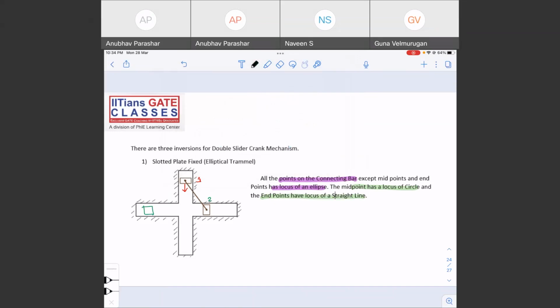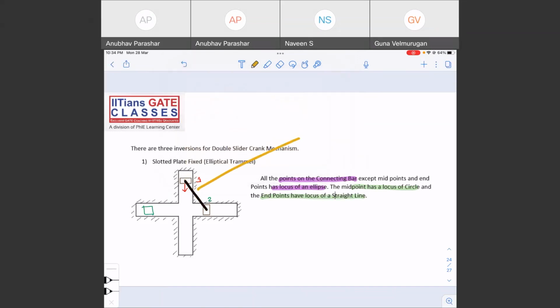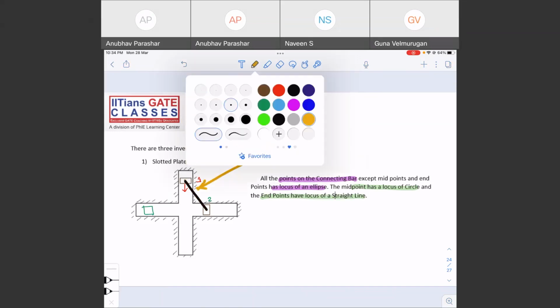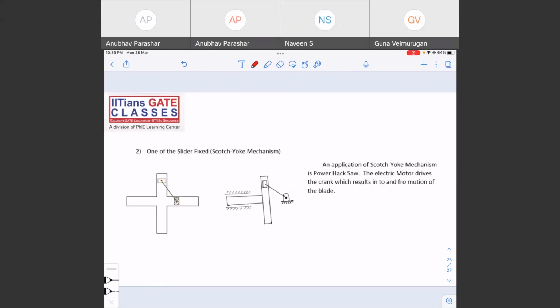The connecting rod we are talking about is this. All the points in the connecting rod will trace an ellipse. We can also form its equations, but let us not go into all those things.